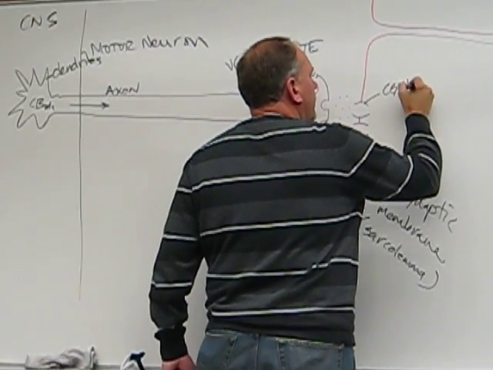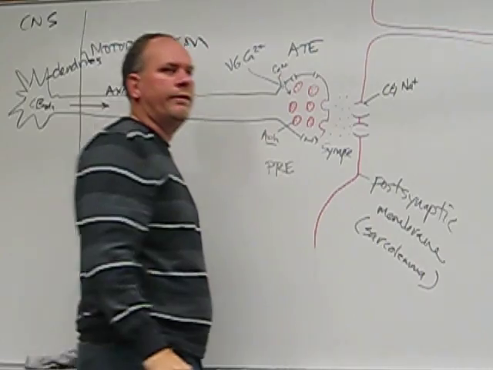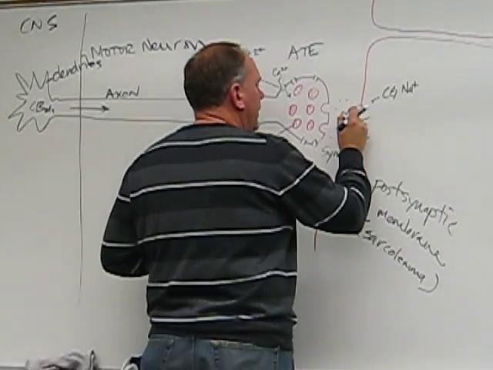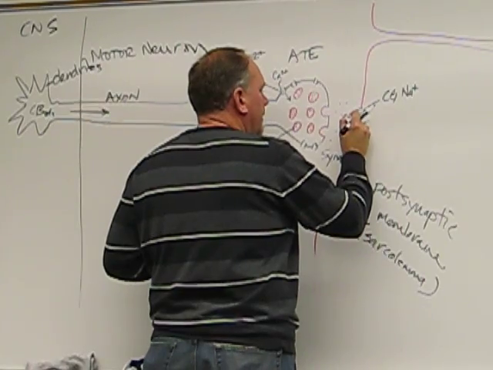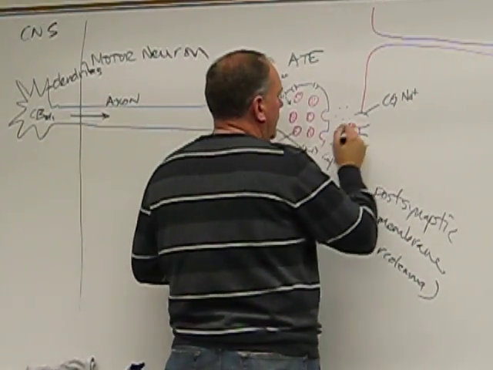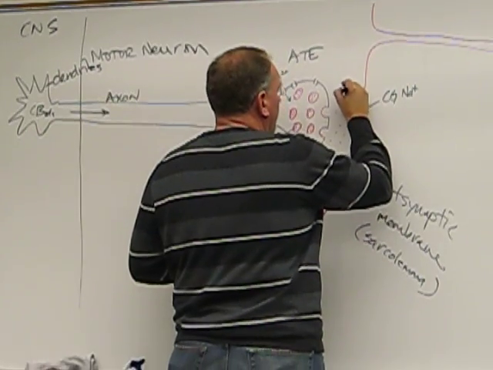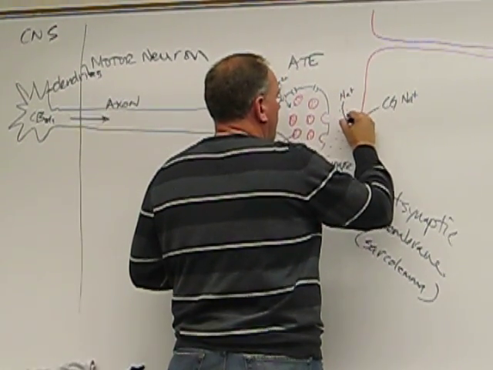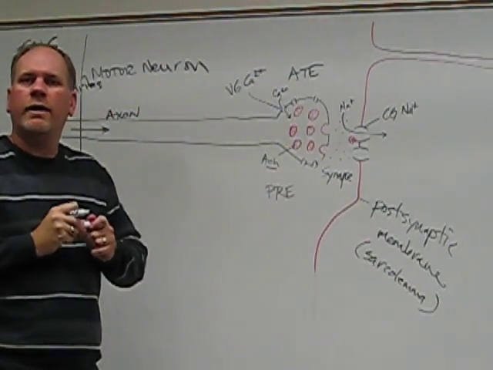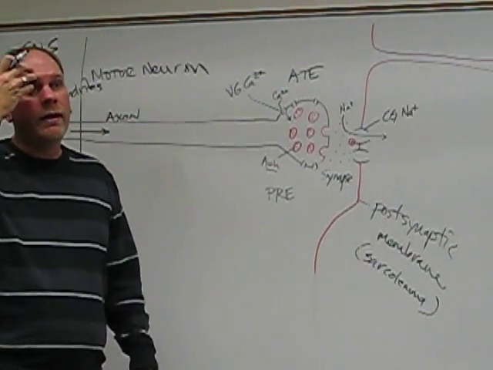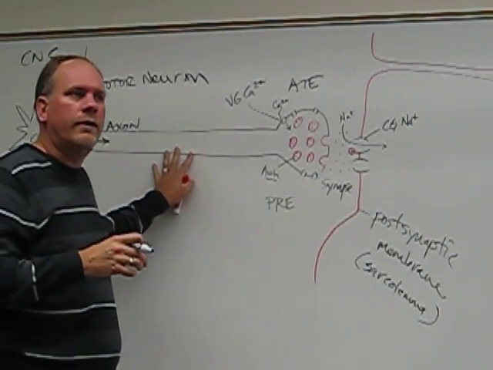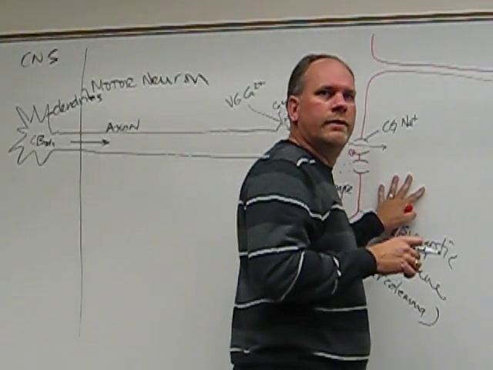Chemically gated sodium channels. And that acetylcholine will come in and bind here, opening the channel, and sodium, which is also at a higher concentration on the outside than the inside, will rush in. And now we've transferred the voltage change from this cell to this cell.